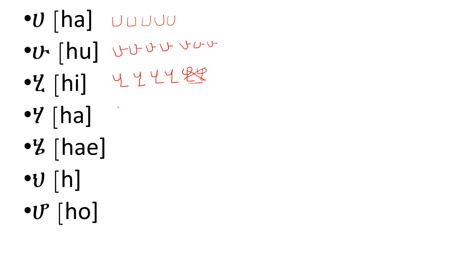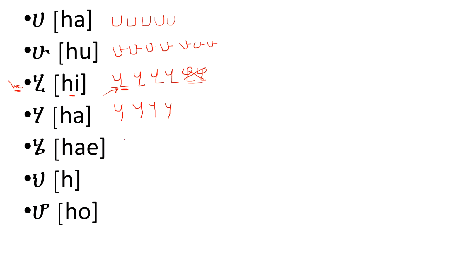And the fourth one, it looks just like this one, except it doesn't have this extension here. So we just write a straight line that goes downwards. And this one, you actually pronounce it like he, the English word he, like she and he, the exact same way.